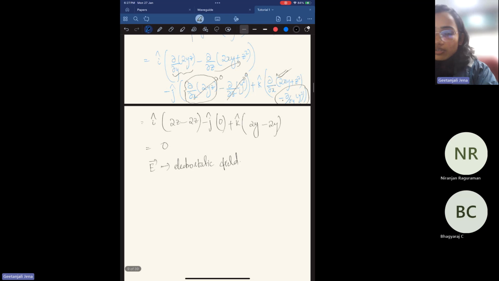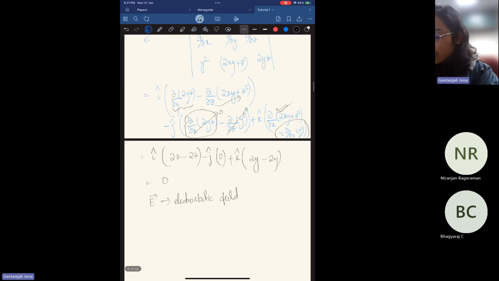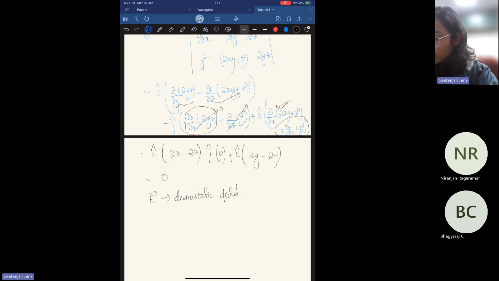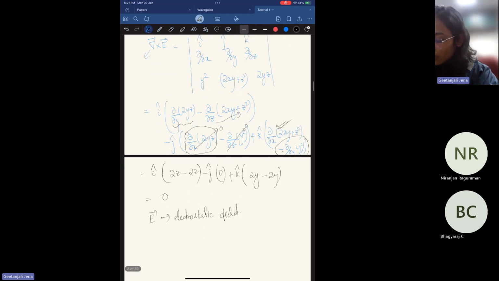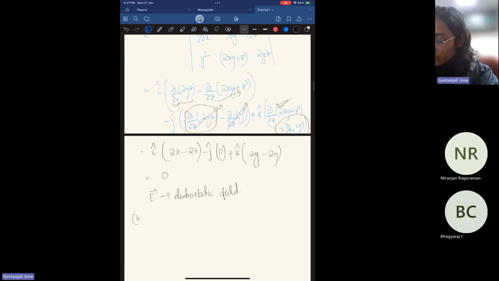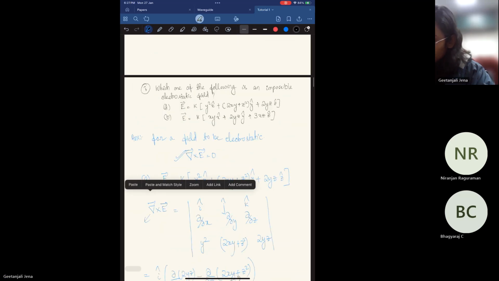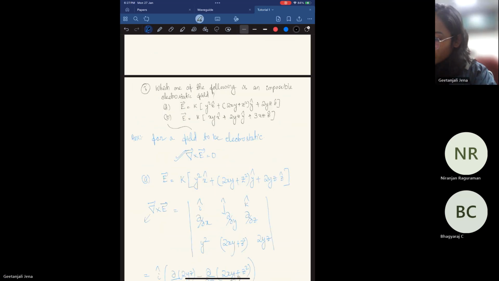Now the obvious answer will be option B, but let us check whether it actually follows the condition or not. So for part B, we have this expression.